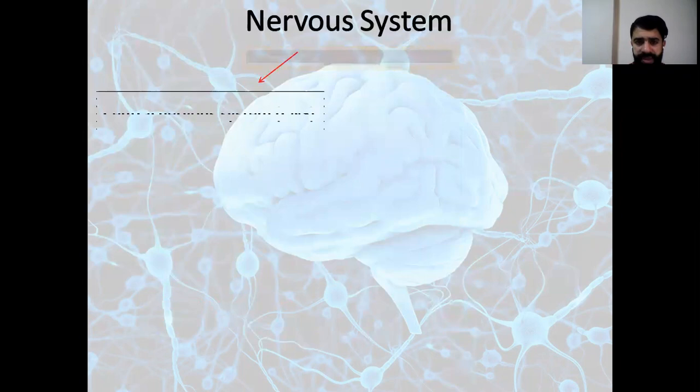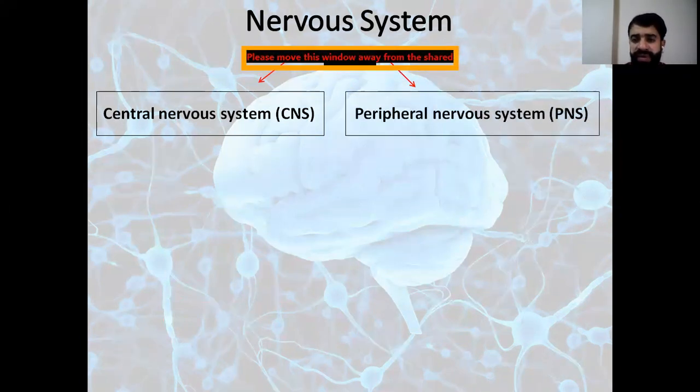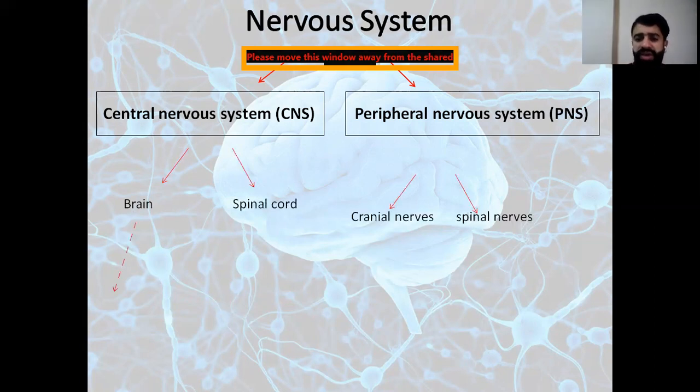So the nervous system, this is a very important slide, is divided either into the central nervous system, abbreviated as CNS, or the peripheral nervous system, abbreviated as PNS. The central nervous system is divided into brain and spinal cord, while the peripheral is divided into nerves that are classified either as cranial nerves or spinal nerves.